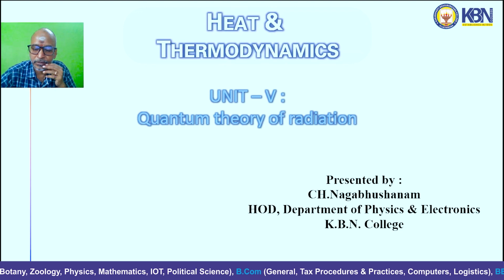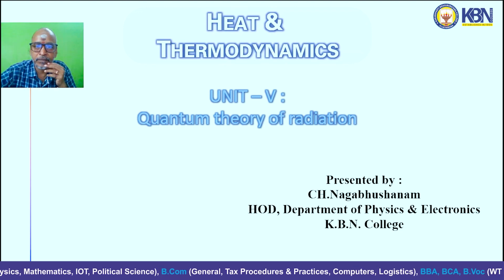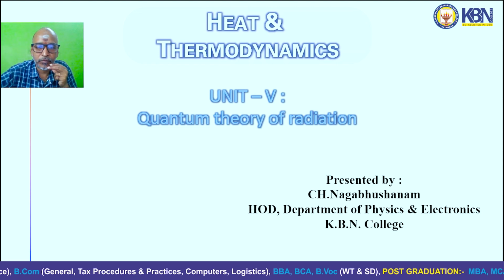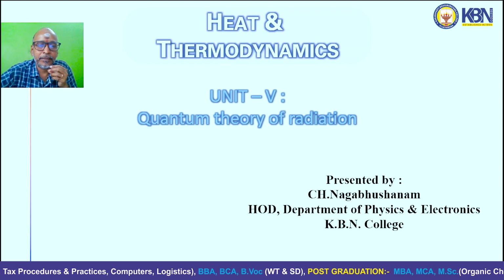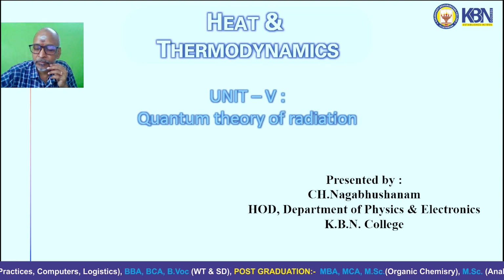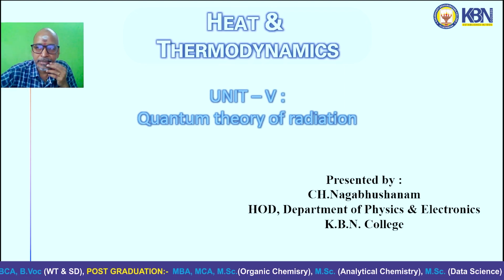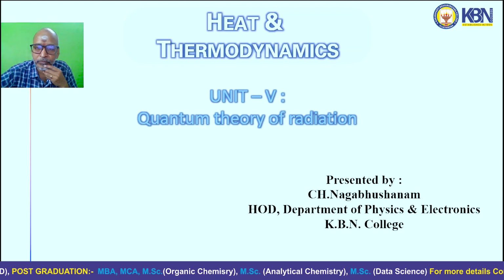The radiation. We know that heat is a form of energy and it is transmitted from one place to another or from one body to another basically in three ways. They are conduction, convection and radiation.